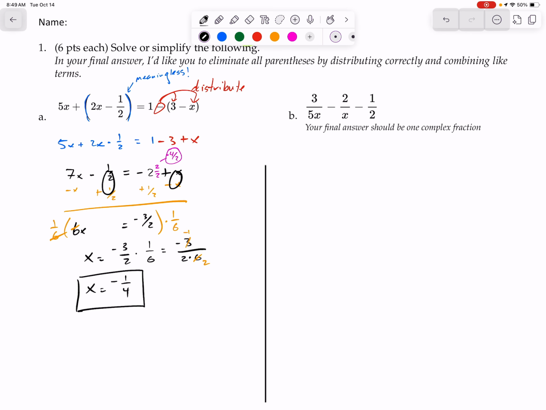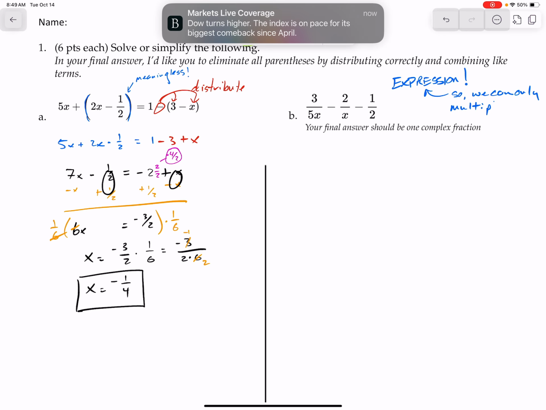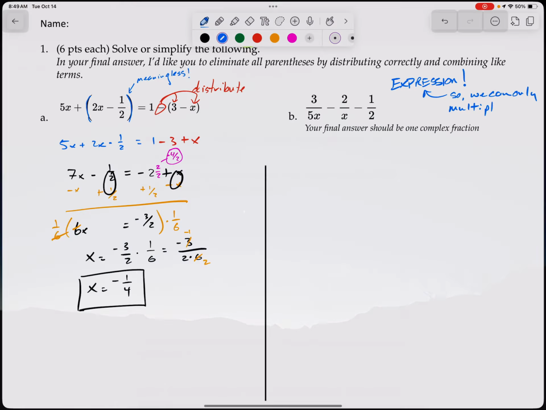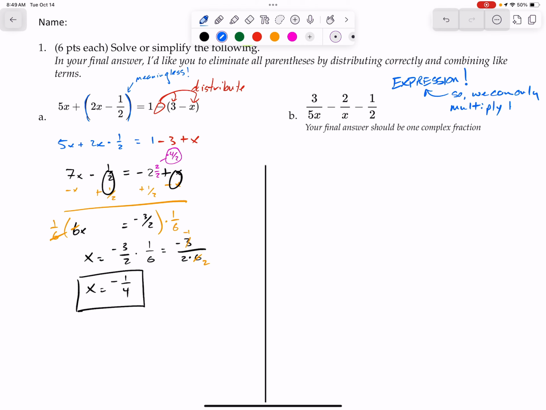And we're done. Now here, just because I put x in the bottom of two different expressions shouldn't freak you out. You should notice that this is an expression. So we can only multiply by 1.